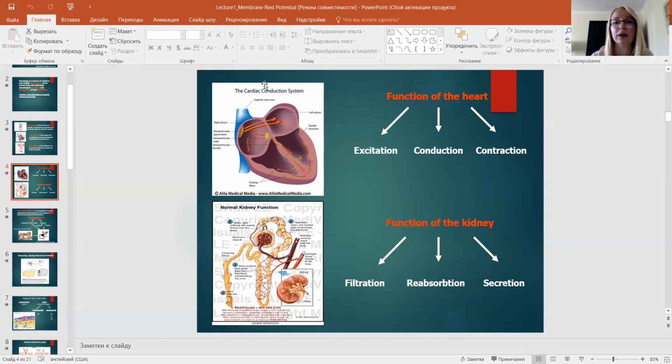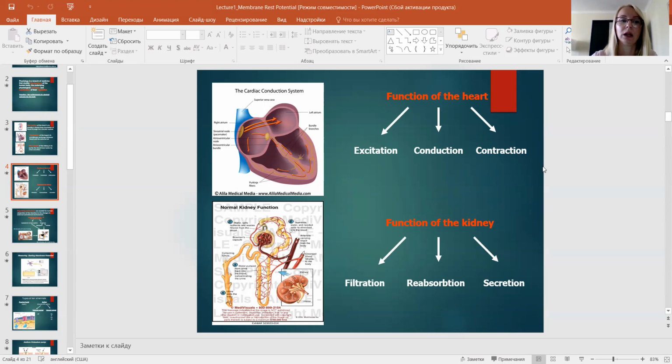So we have three underlying processes, which are excitation, conduction, and contraction, which together interact and provide the main function of the heart, which is to pump blood through the vascular system.